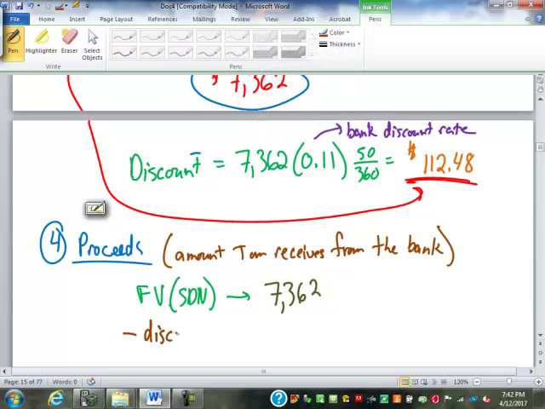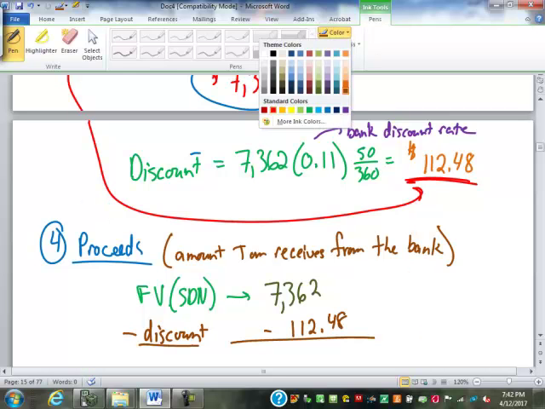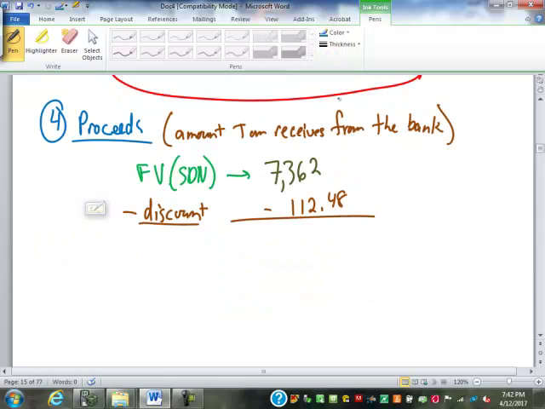Minus the discount. So minus the $112.48 gives us $7,249.52, I believe.